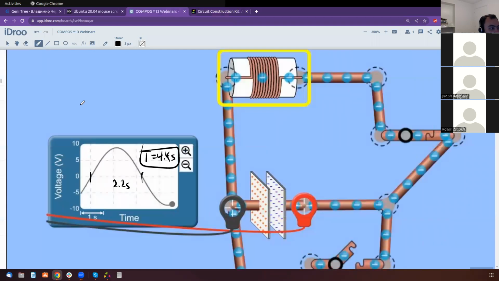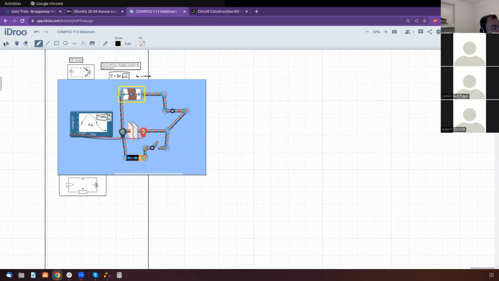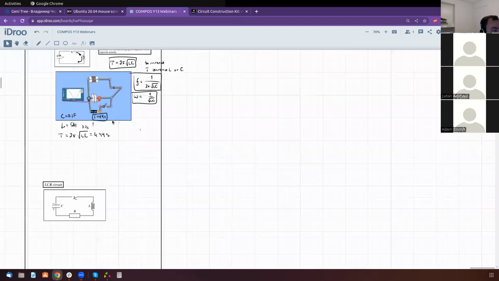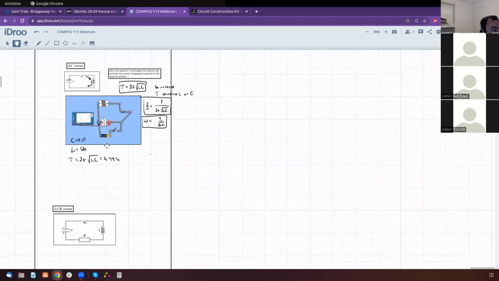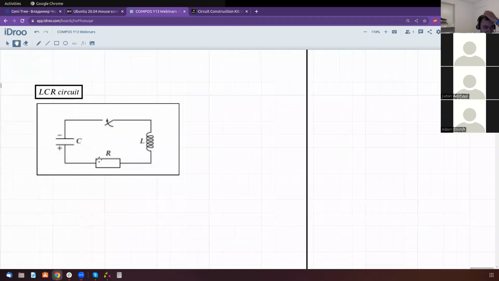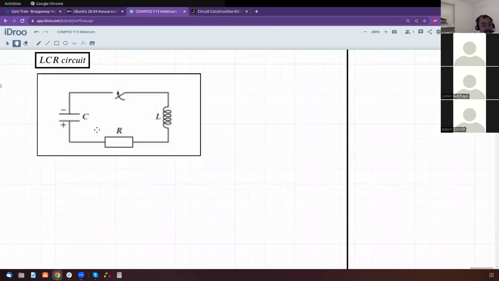The next type of circuit is the LCR circuit. Here you have a capacitor, you have an inductor, and you have a resistor now.